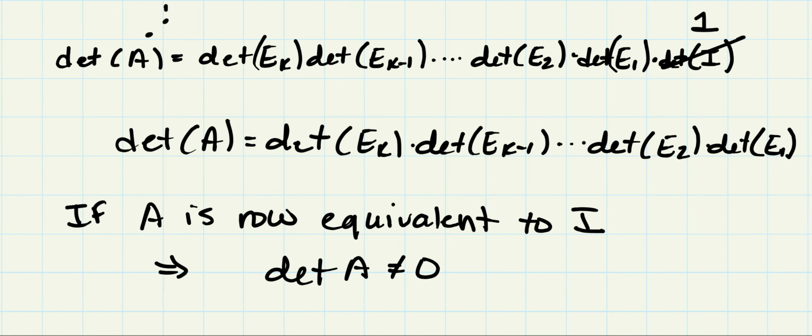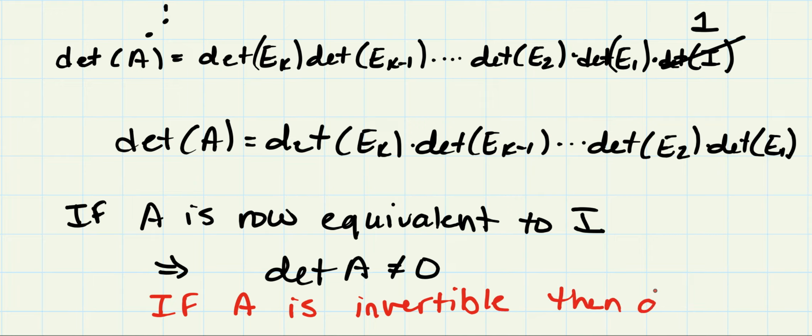So something else we can say is if A is row equivalent to the identity matrix, that means if A is invertible, then the determinant of A is not equal to 0. In fact, this is an if and only if statement. A is invertible if and only if the determinant of A is non-zero.